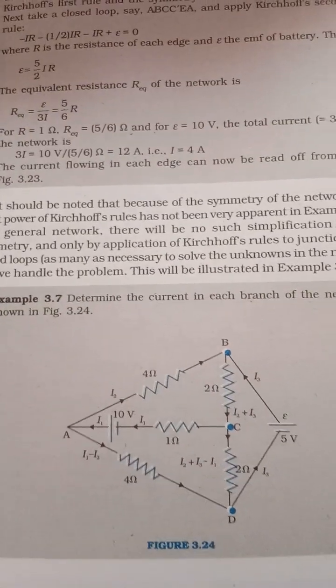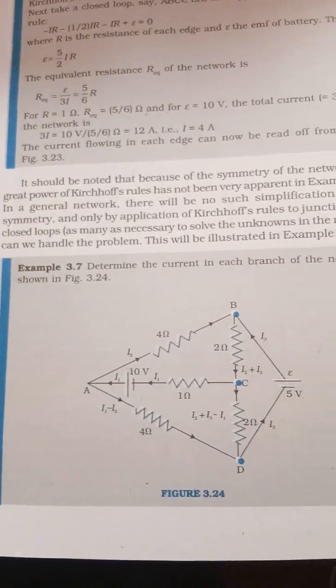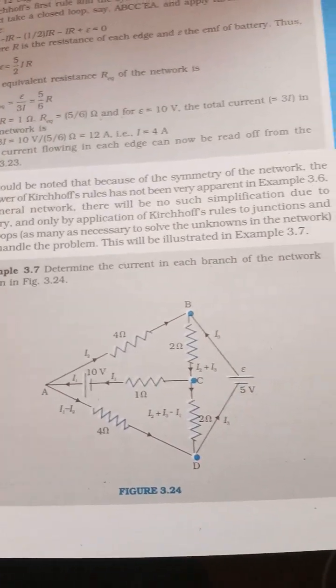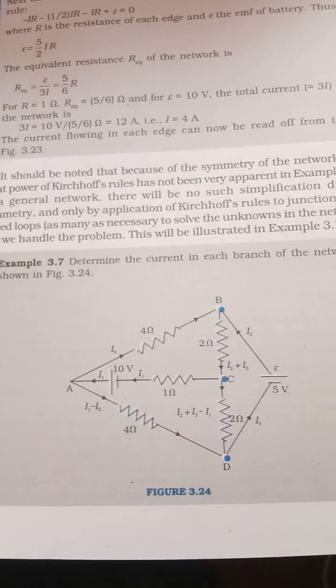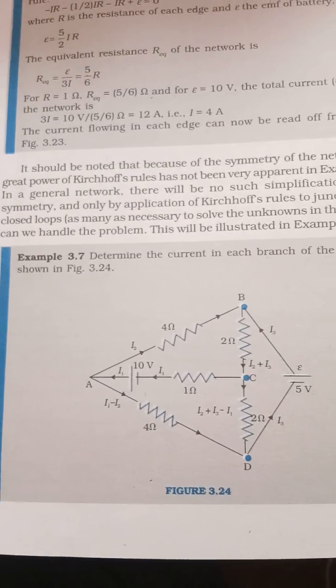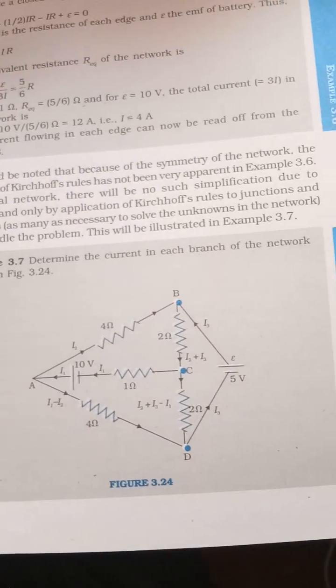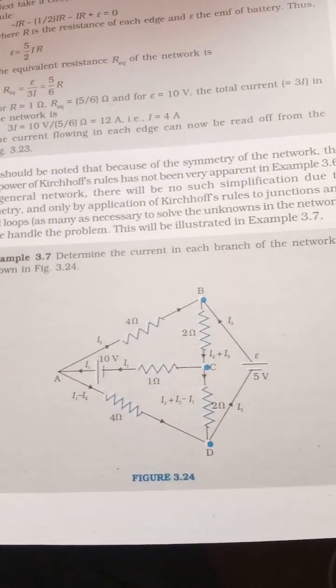It should be noted that because of the symmetry of the network, the great power of Kirchhoff's rules has not been very apparent in example 3.6. In a general network, there will be no such simplifications due to symmetry, and only the application of Kirchhoff's rules to junctions and closed loops, as many as necessary, can solve the unknowns in the network.